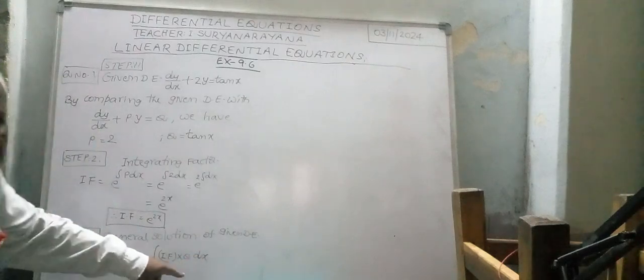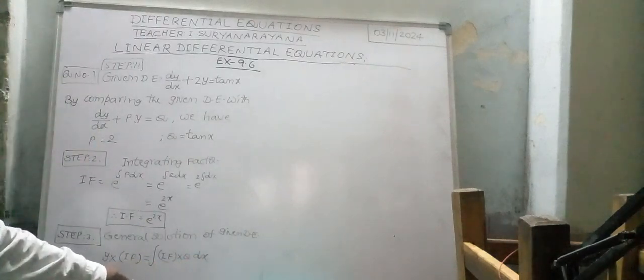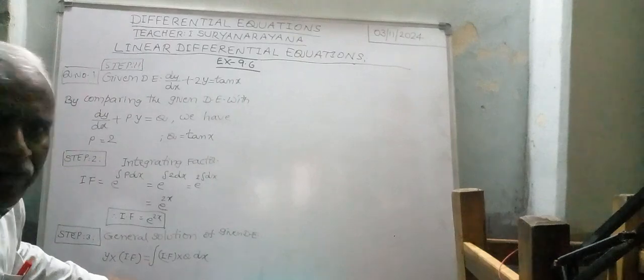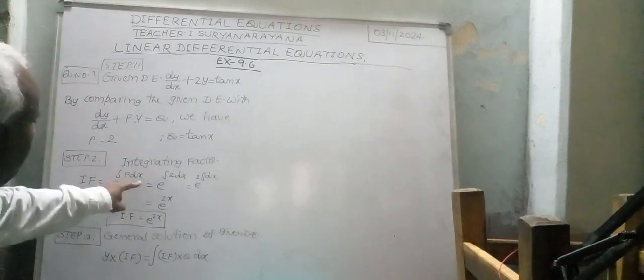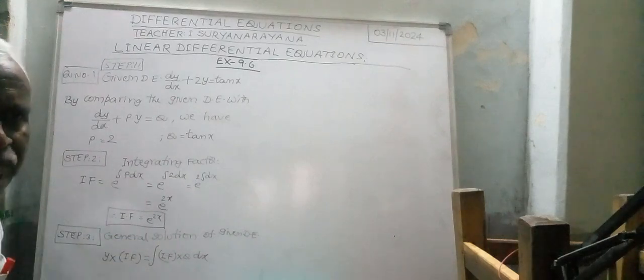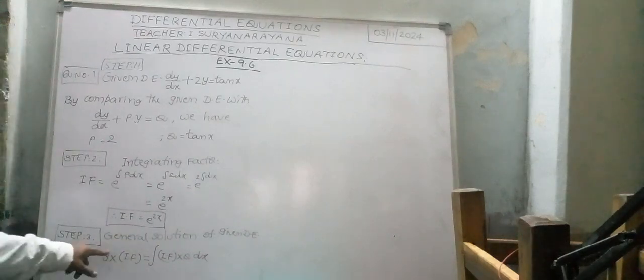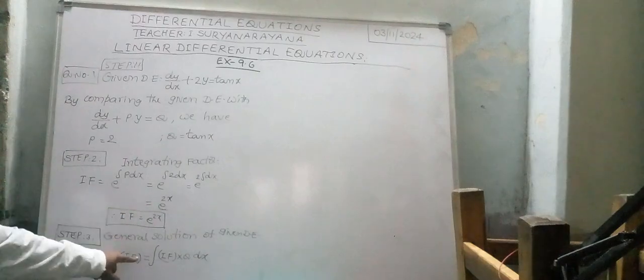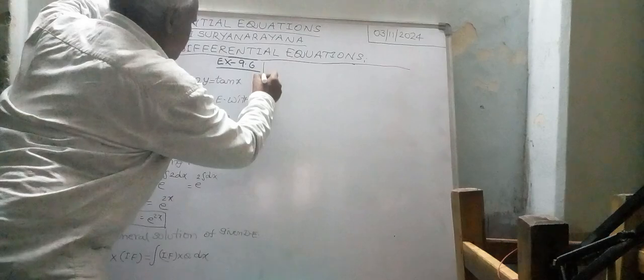You have to remember this general solution of a linear differential equation of type 1. You have to remember the integrating factor and the general solution. Okay, now we substitute the integrating factor and q in this general solution.